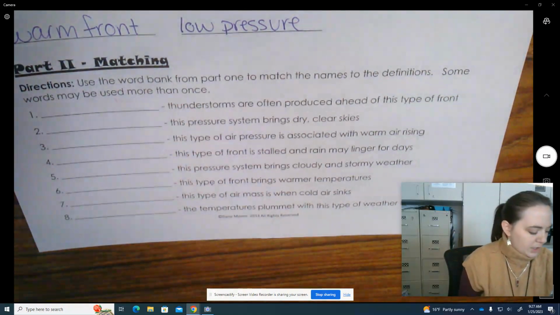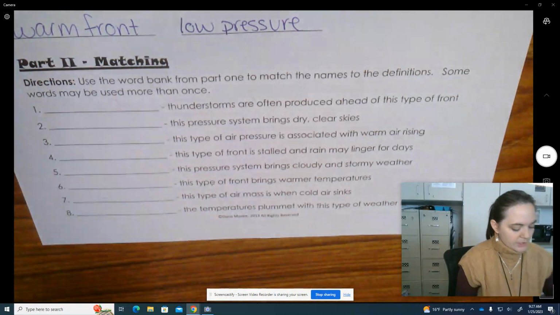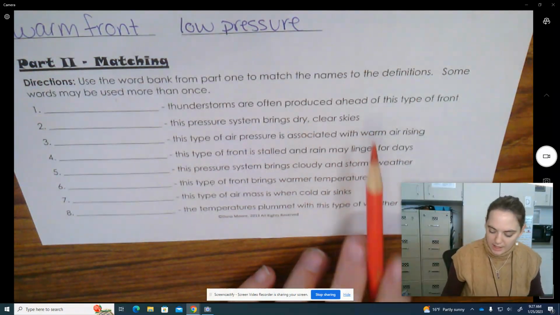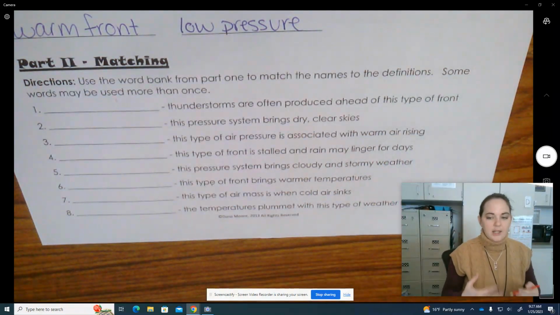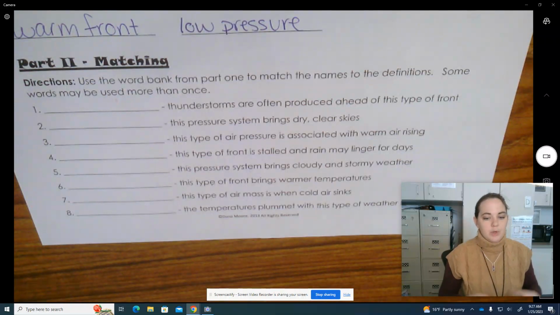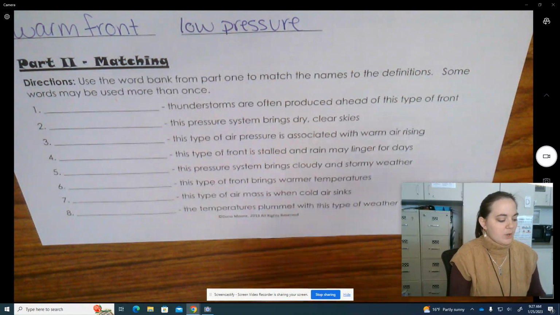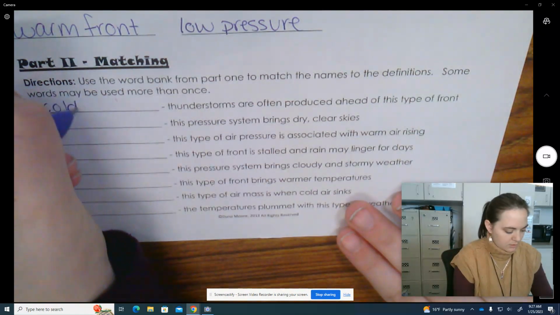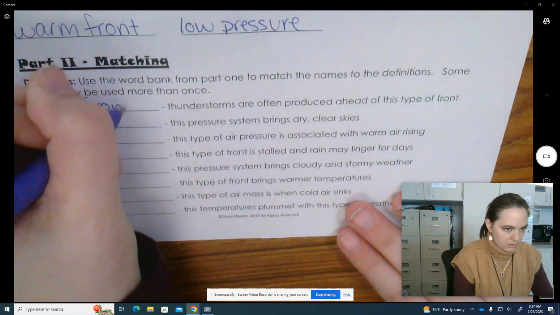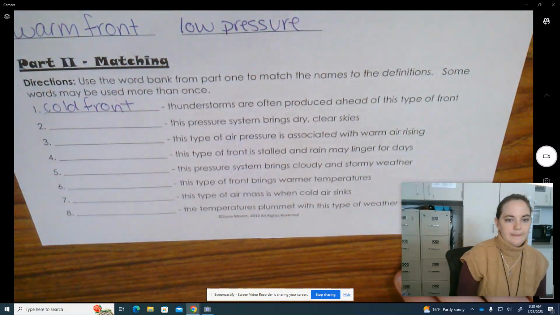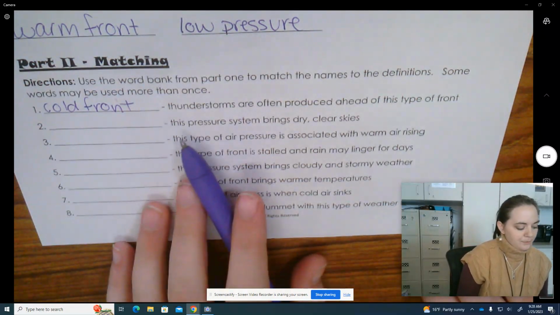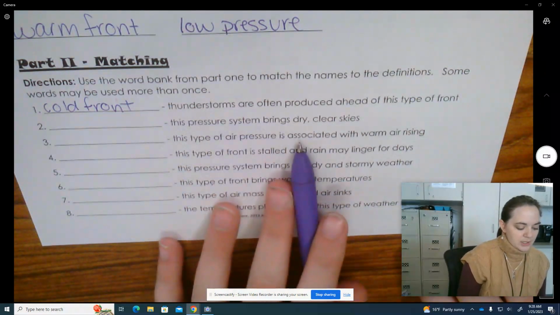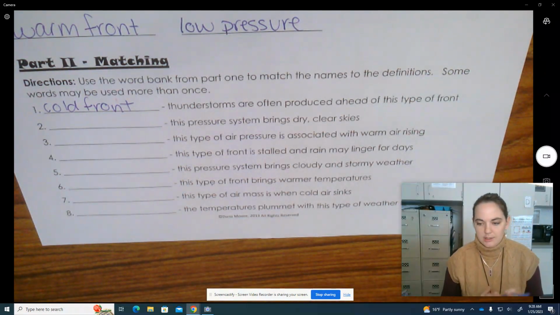Okay, so for the first one, thunderstorms are often produced ahead of this type of front. Warm air being pushed out by cold air makes thunderstorms, which is a cold front. The second one is this pressure system brings dry, clear skies.